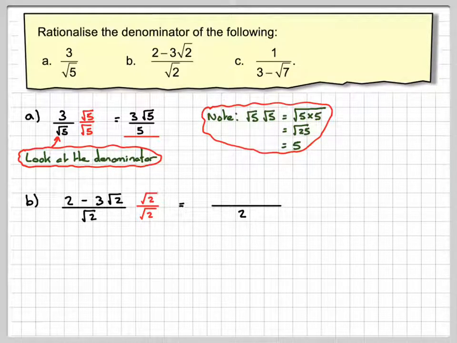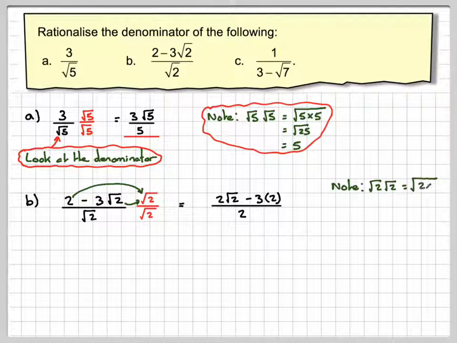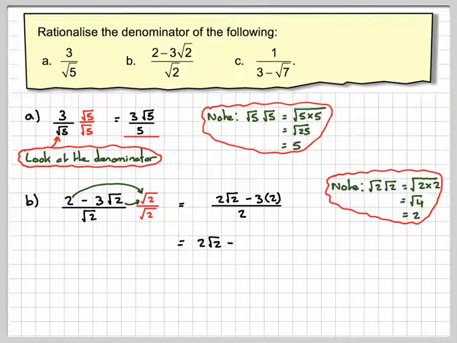And then I need to multiply 2 times root 2, which gives me 2 root 2, and then minus 3 root 2 times root 2, which gives me 3 times 2, because root 2 times root 2 gives me 2. So that's going to give me 2 root 2, and then 2 times 3 is 6 over 2.